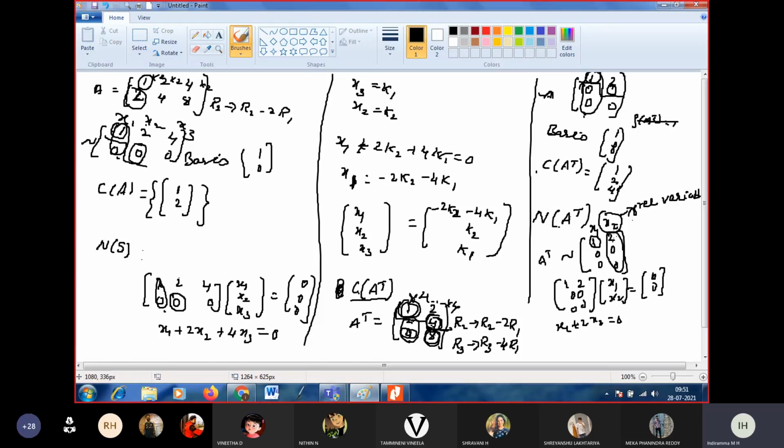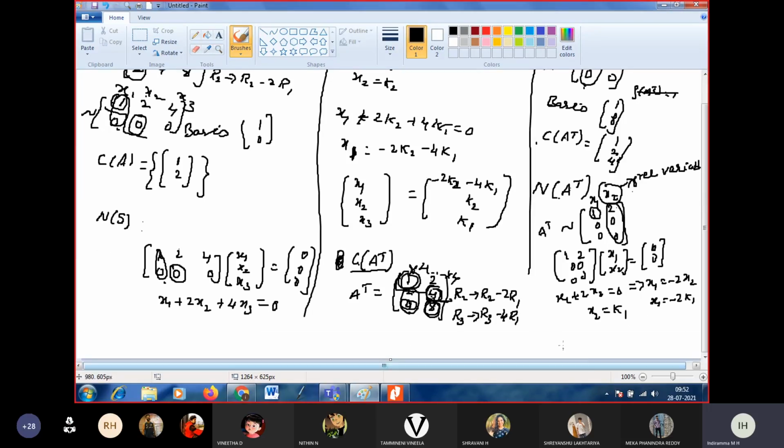As we know, x2 is a free variable because the column containing x2 does not contain the pivot element. Therefore we choose x2 equal to k1. Since x2 is k1, this equation becomes x1 equals minus 2 x2, that is x1 equals minus 2 k1.